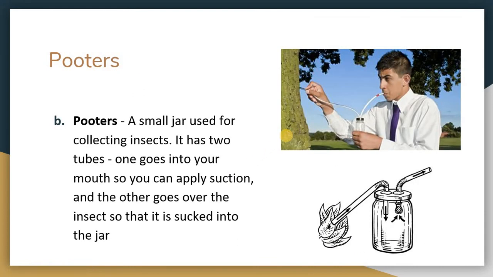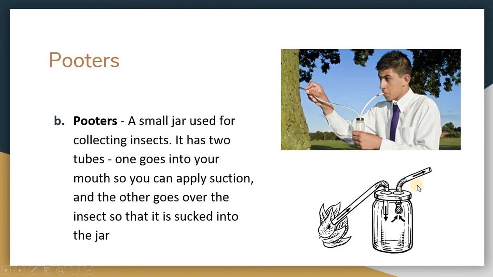Another method for scientists to collect samples is by using pooters. What is a pooter? A pooter is a small jar used for collecting insects. It looks like this. You see this young man here, he's sucking things into the pooter. A pooter has two tubes.